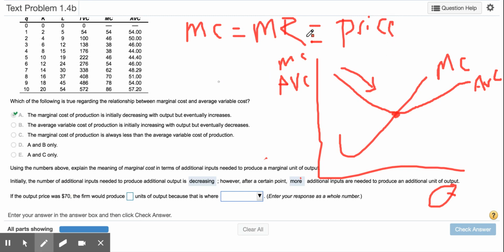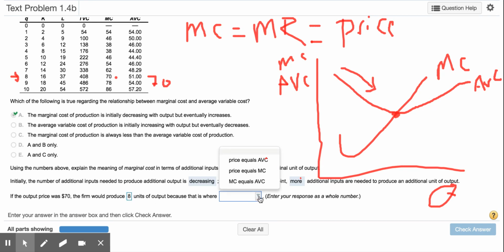The price is 70, so right here marginal revenue will be equal to marginal cost at this level of production, at 8. So we should produce 8 units of output, because that's where marginal cost is equal to marginal revenue. Okay, price equals marginal cost.